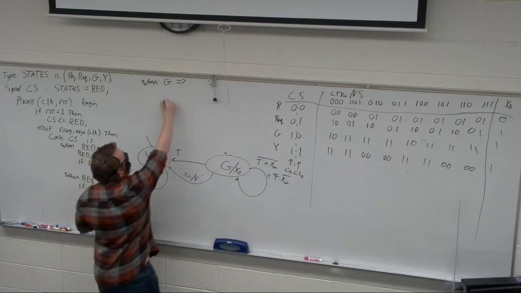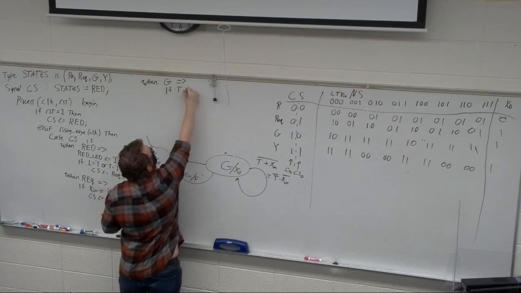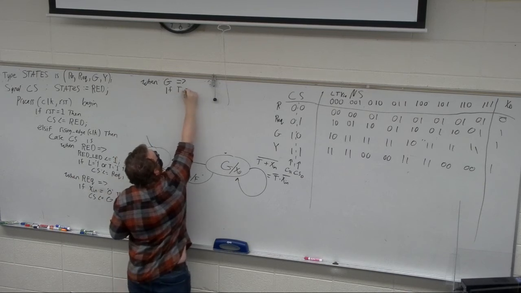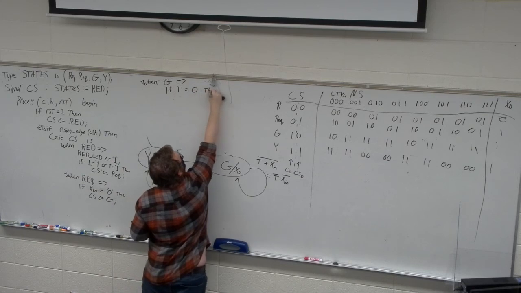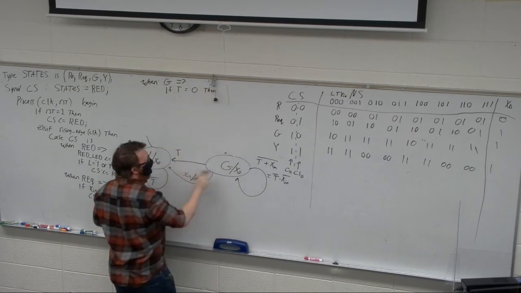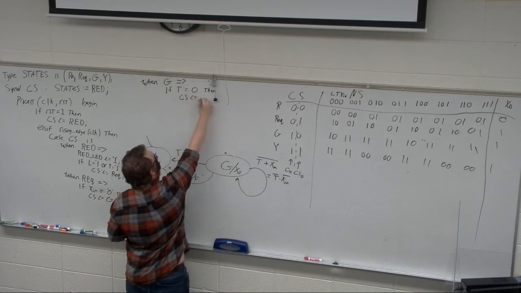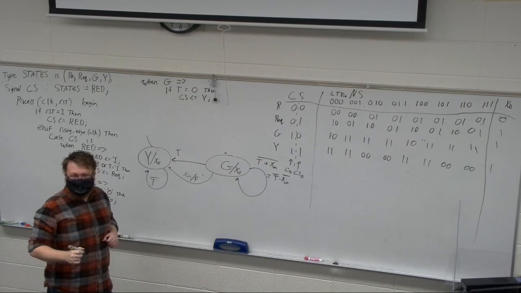And I'm gonna start by saying if timer is equal to 0, then, well, I've run out of time, so current state updates to yellow, right?